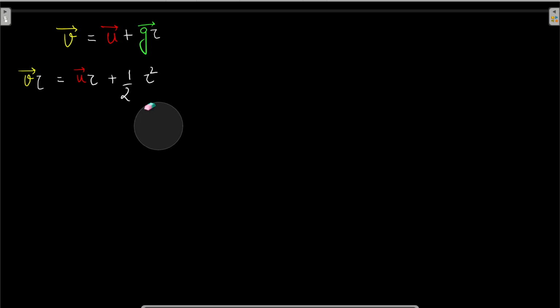Sorry, not half, only tau squared with g, which scales the g vector part. Okay, so now we have this thing, we can split this g vector tau squared into two equal parts, half g vector tau squared. So we'll write it again.